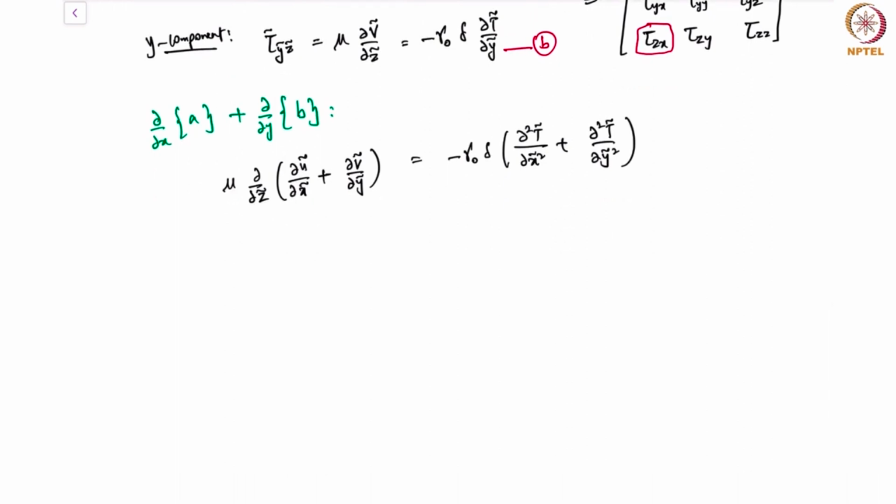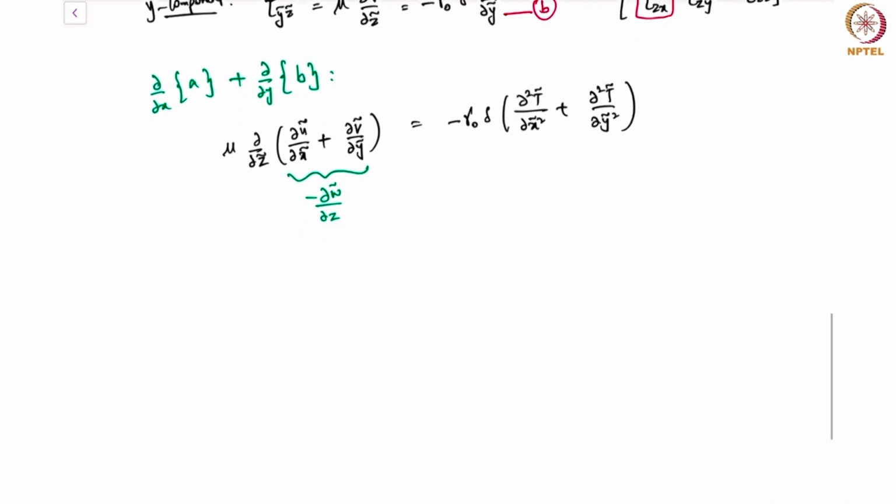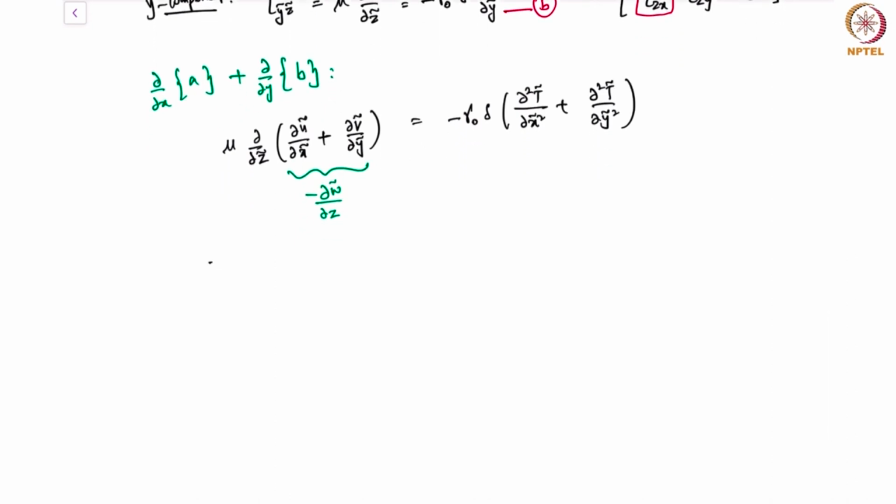So we can further simplify this and say that this quantity here is nothing but minus del w by del z, right? So we have mu del square w by del z square is equal to gamma naught delta del 1 square of T tilde.